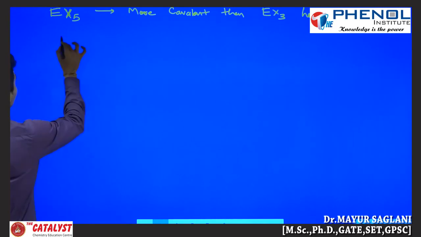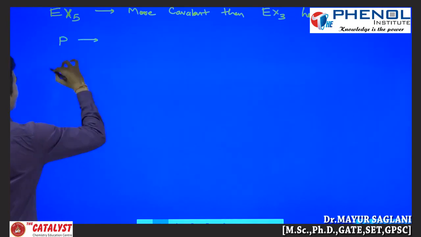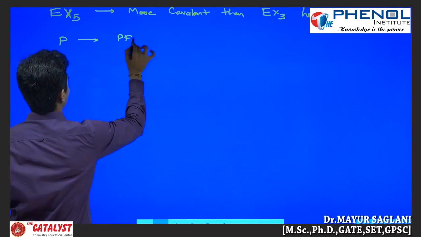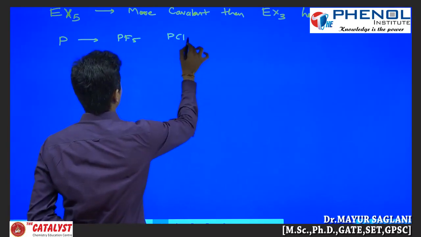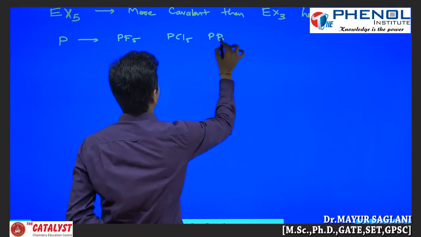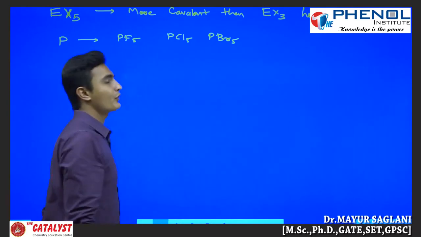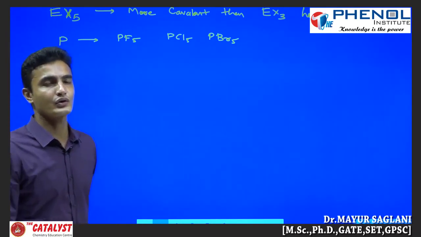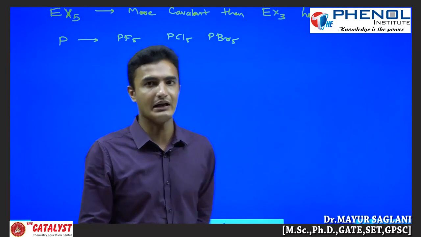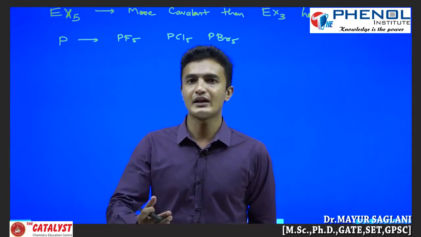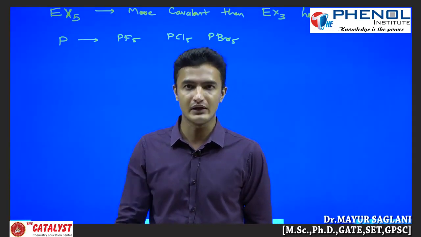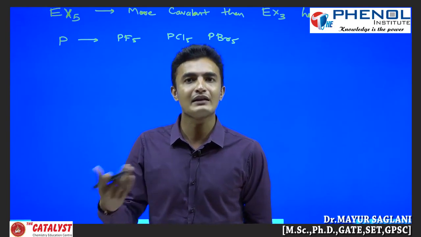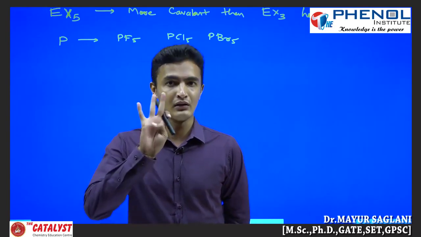Second thing, phosphorus will form PF5, PCl5 and PBr5. There is no point of discussion why nitrogen is not forming pentahalide, because nitrogen doesn't have d orbitals, and that's why its covalency cannot be greater than 4.